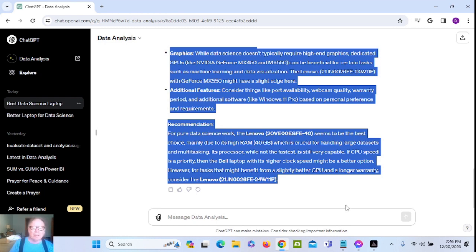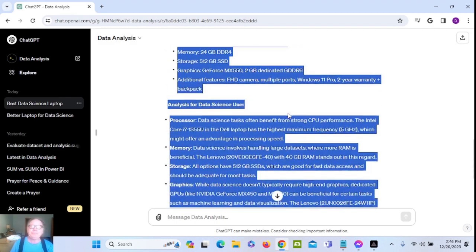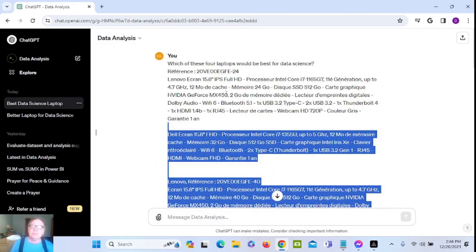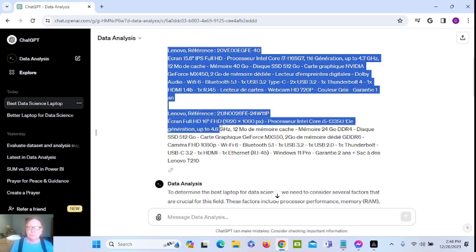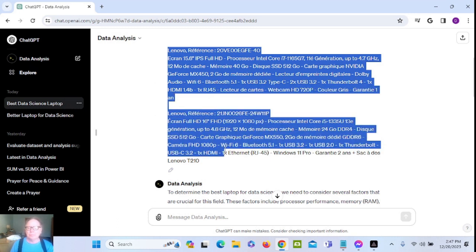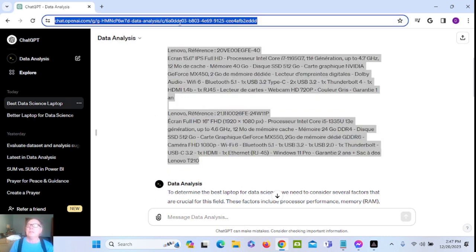But as of right now, of course, it does say ChatGPT can make mistakes, so they could be wrong about this. We could go here like this. Let's do Bard.